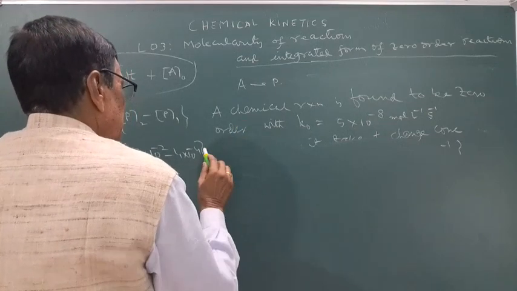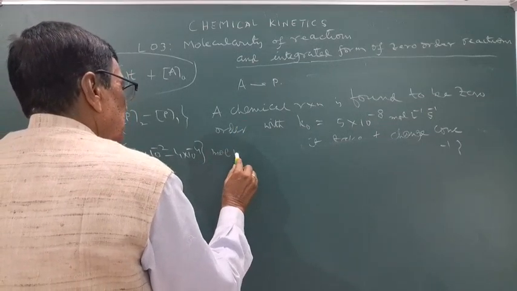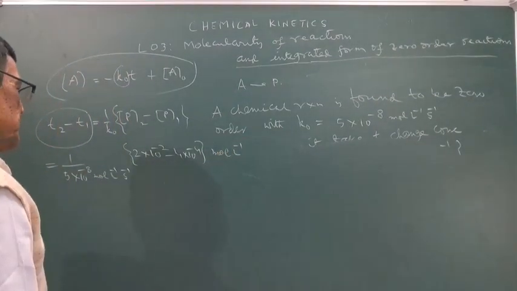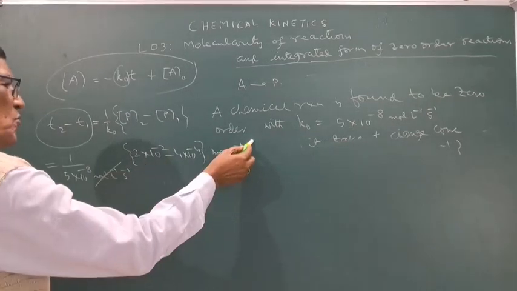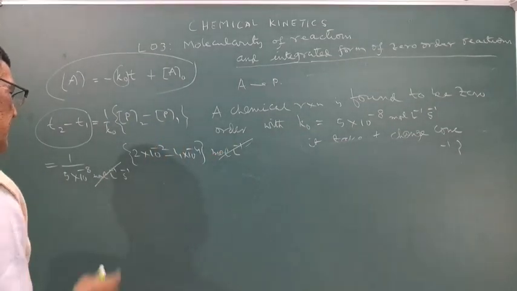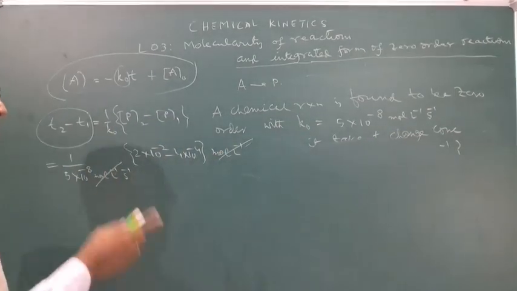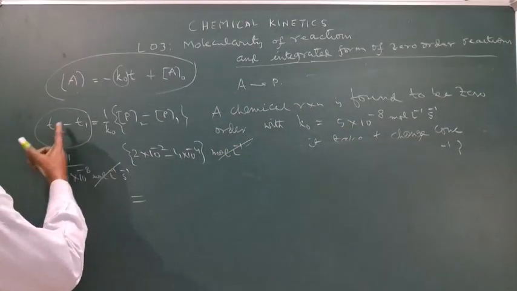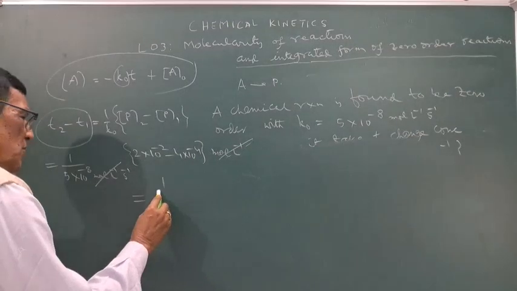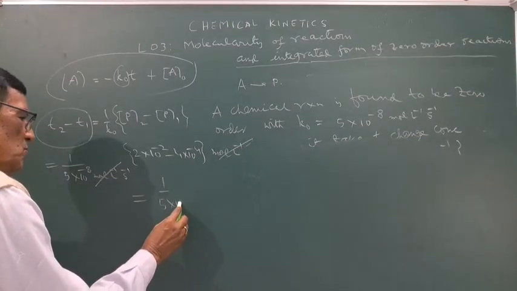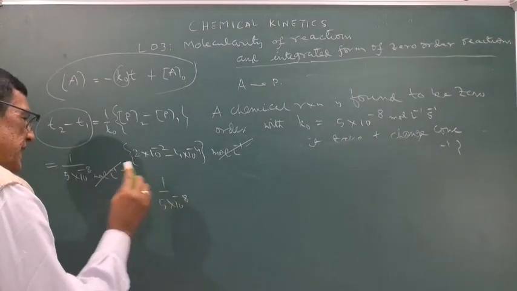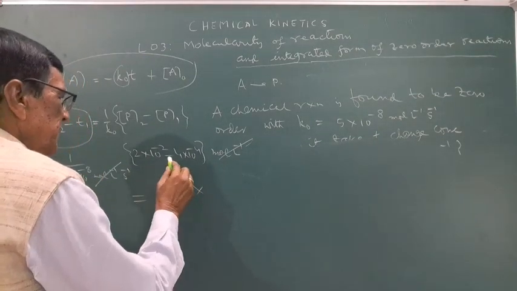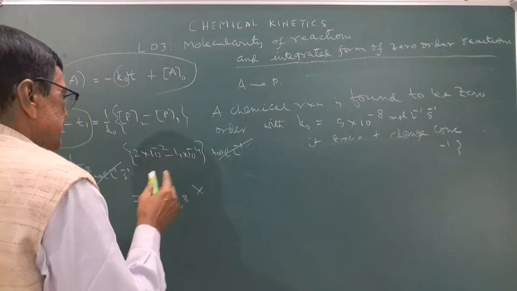This one is mole liter inverse, both the cases mole liter inverse. So mole liter inverse cancel, second will go upwards. So T2 minus T1 will be equal to 1 by 5 into 10 to the power minus 8 into this value.